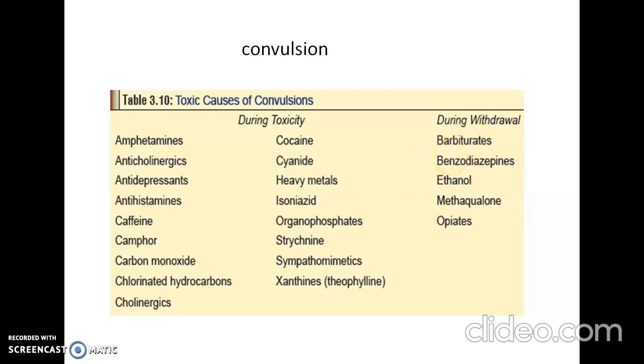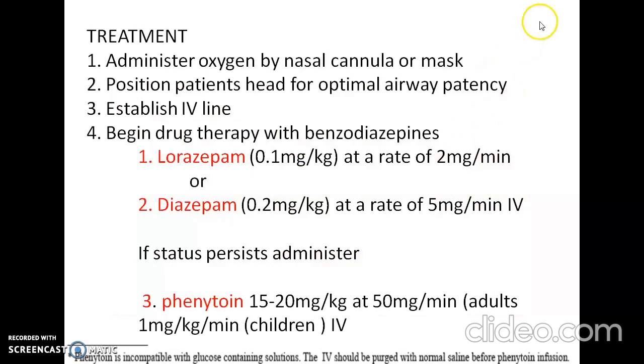During these conditions, treatment should be started. Initially, supportive care should be started. Administration of oxygen by nasal cannula or mask is preferable. The position of the patient's head should be maintained for optimal airway patency, and we should establish an intravenous line.